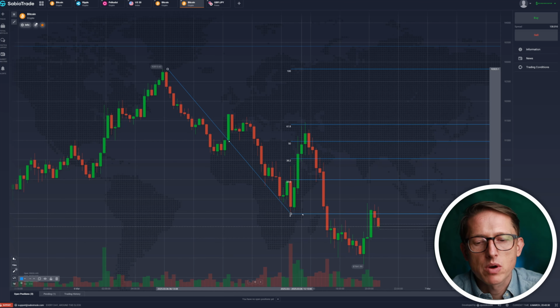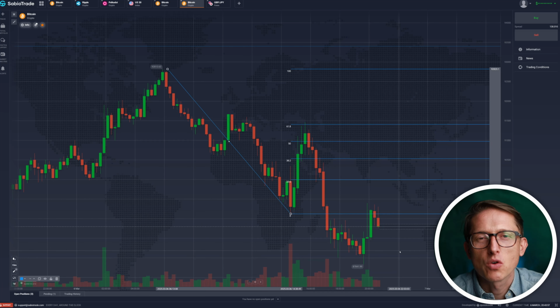That's how powerful our 161.8 from the initial impulse is. That's where the market can't go above. It's pulling back again. Power of two Fibonacci numbers, the small fee and the big fee, the golden ratio.